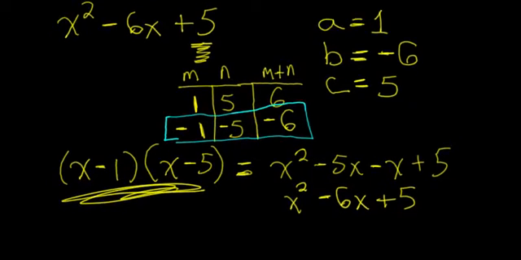Alright, let's look at a couple examples where the factors might grow a bit. I'll stay within the first set, so we'll look at 44. t squared minus 5t minus 6.